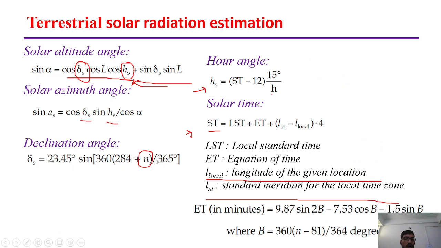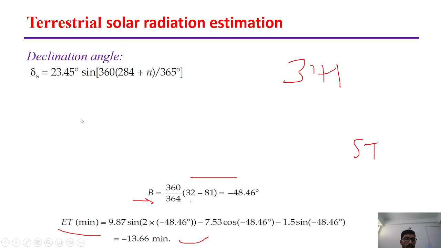Once we know the values for the hour angle, solar time, and the declination angle, we can calculate the values for the solar altitude angle and the solar azimuth angle.